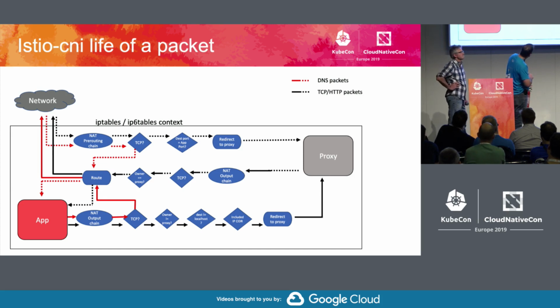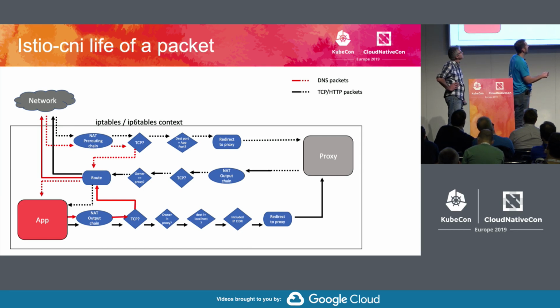And when the app sends its traffic, it's the same chain. It's just a different representation of this chain, of this picture. So it's the NAT output chain again. The owner is not the proxy, and it's going to end up getting redirected to the proxy.